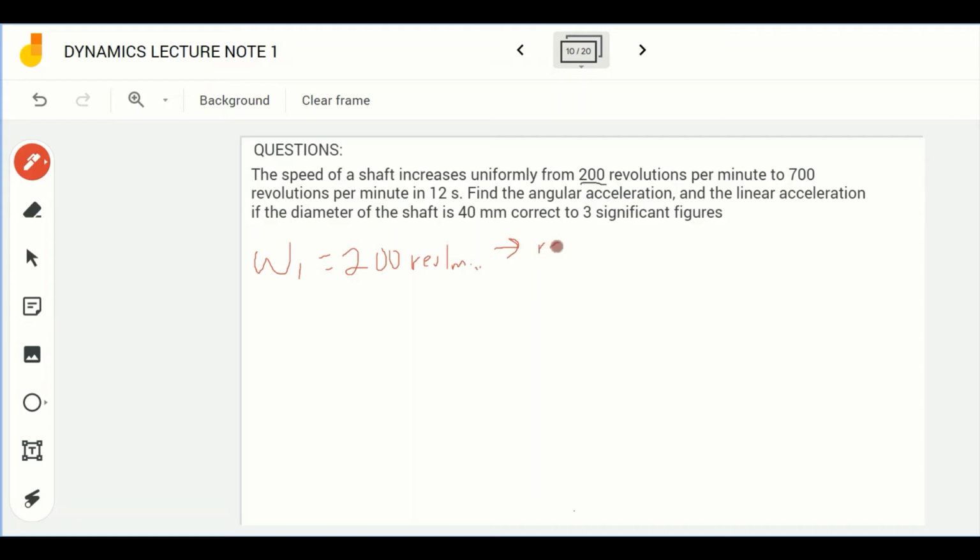Very important. That comes to 200 times 2 pi over 60. When you punch that in your calculator, you get 20.9 rads per second.